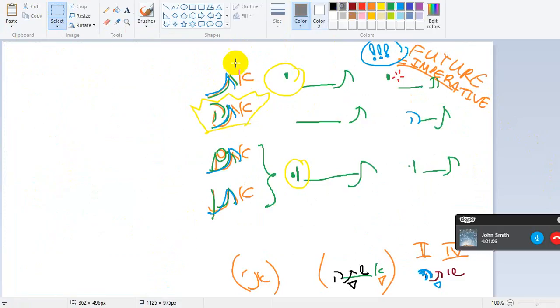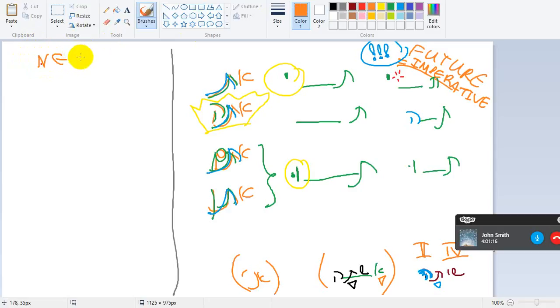And let me add some code. Negative imperative, and you would think that you would say no and then the verb, just lo and then the verb.